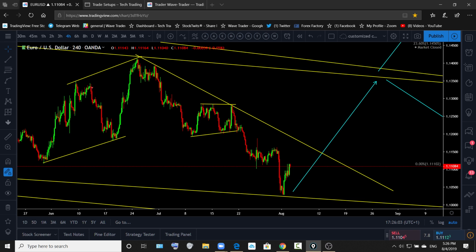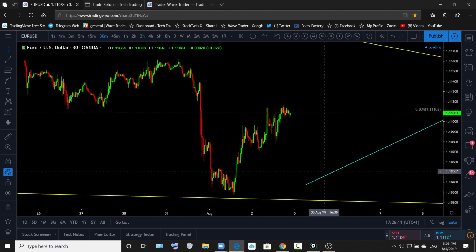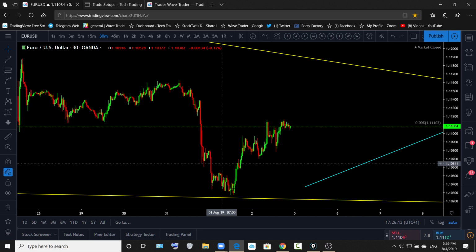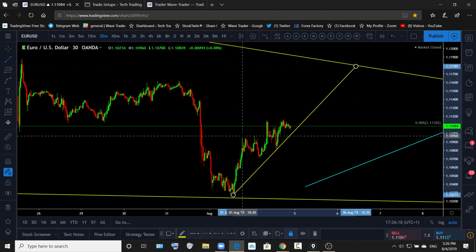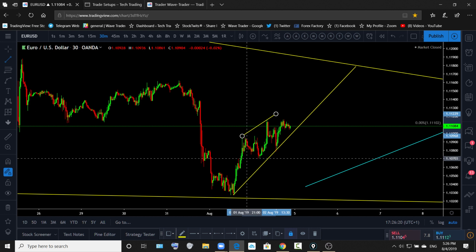Okay, so let's look at the lower time frame. This trend, which is just emerging over there, is not so strong, but it is strong on the dollar index.